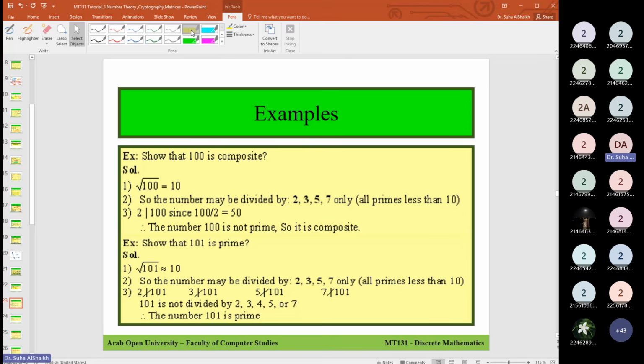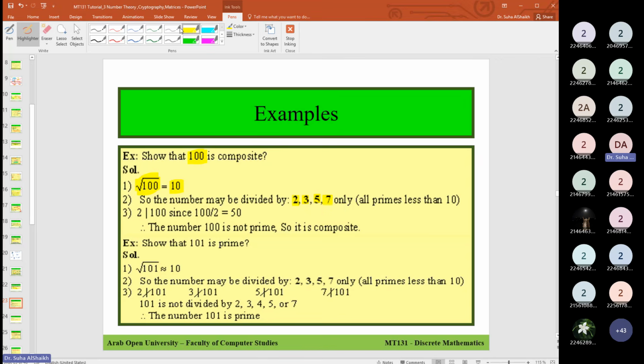Here we have this example. 100, show that it is composite. Step 1, we find the root of 100, which is 10. Step 2, list all the primes less than or equal to 10. They are 2, 3, 5 and 7. This is all the primes less than 10. Now we try whether any of them divides my number.